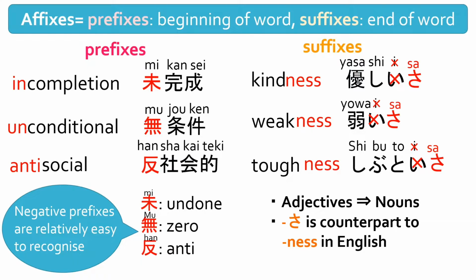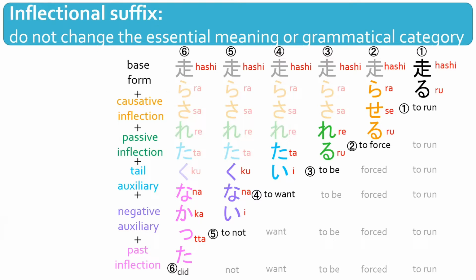So if you want to change adjectives into nouns, you just need to delete I and add sa instead of it. Okay, now I'll talk about inflectional suffixes. Here's a base form, hashiru, which means to run. And when you add causative inflection, raseru, after hashi, it means to force to run.